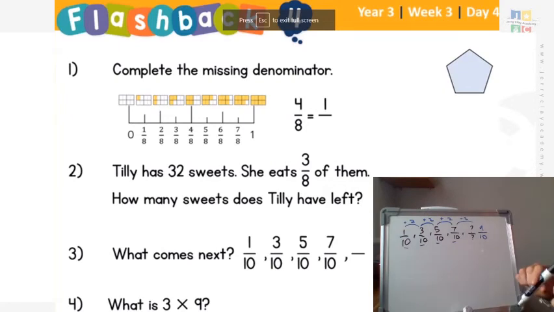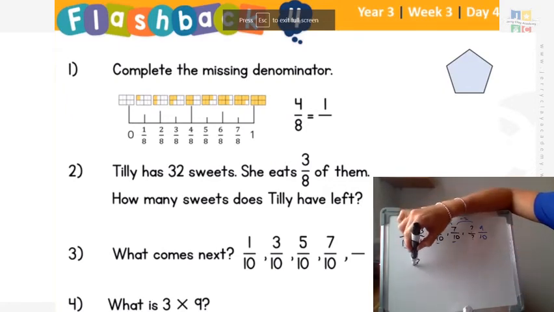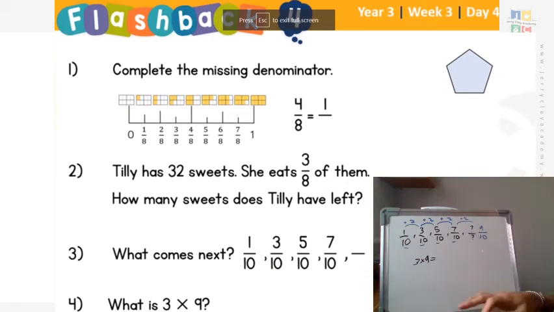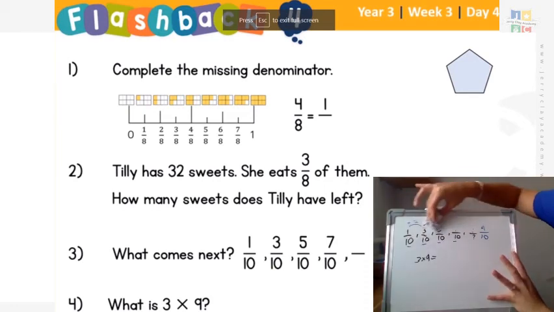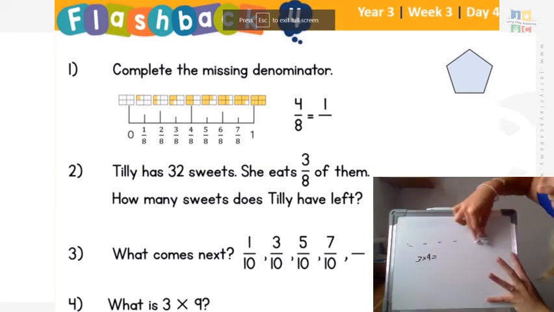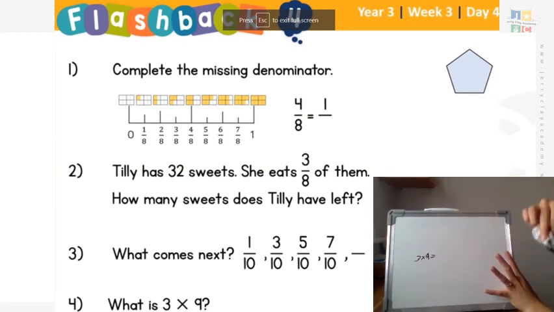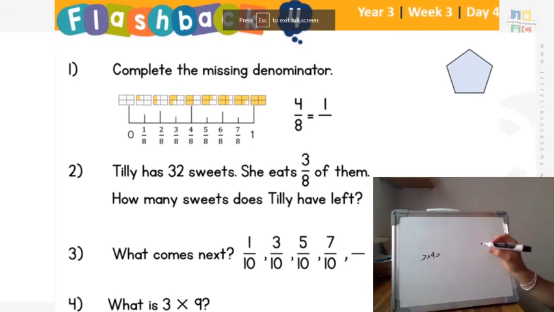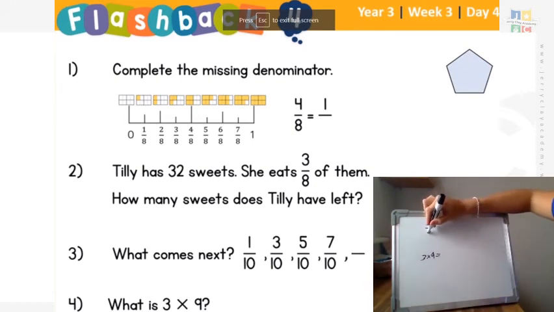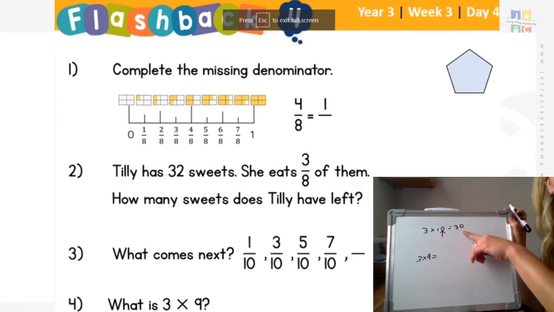And finally for question 4, you were doing 3 times by 9. This should have been a nice easy one because we know our 3 times table really well, or you could have done your 9 times table to work out the answer. One quick way that you could do it is we already know that 3 times by 10 is 30, because all we have done there is put the 0 onto the end of your 3.